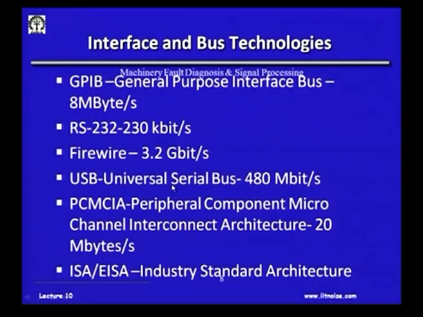The USB serial bus. Basically, all these cards can come in these different architectures, and USB is a plug and play architecture, and it also has a fairly high data transfer rate, that is 480 megabit per second. So, right now today we are using FireWire and USB.